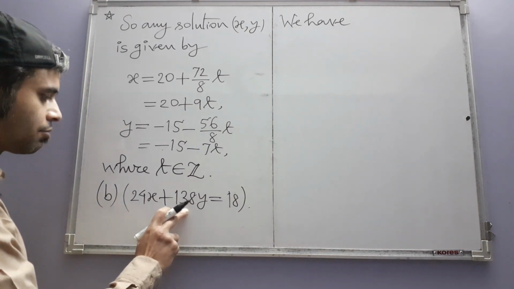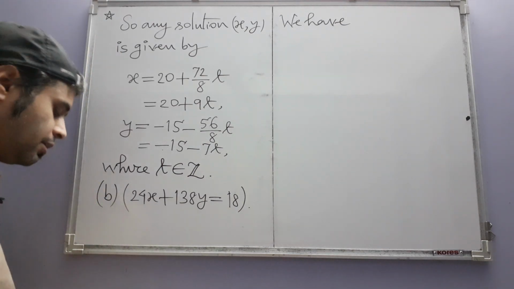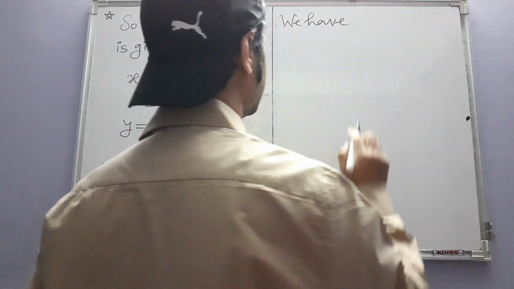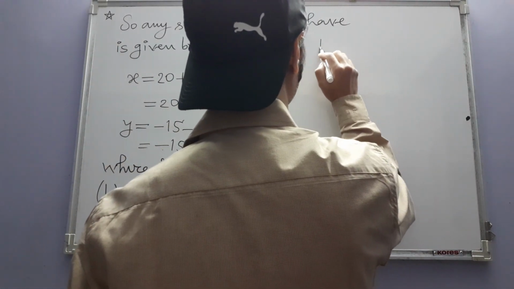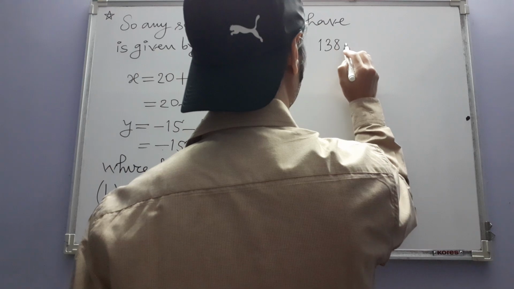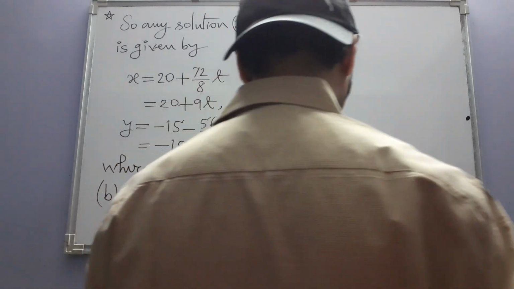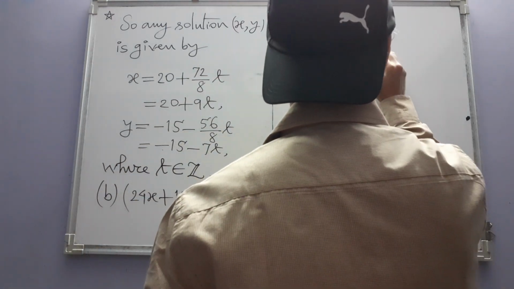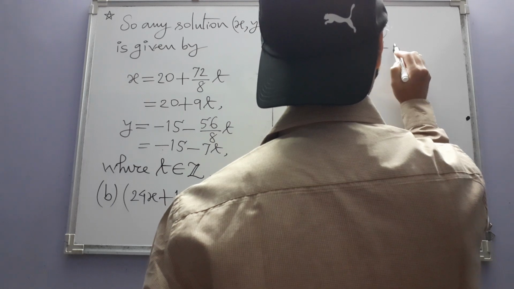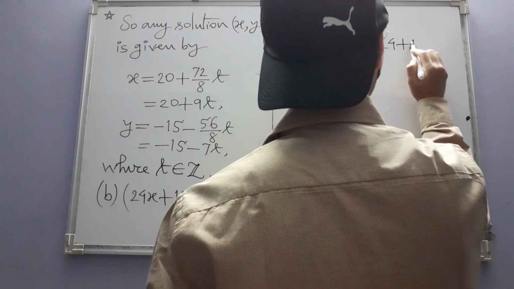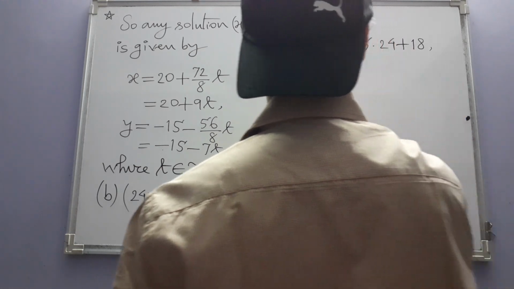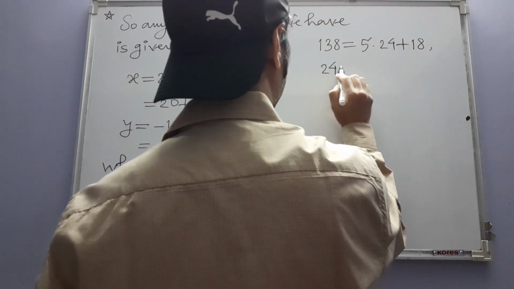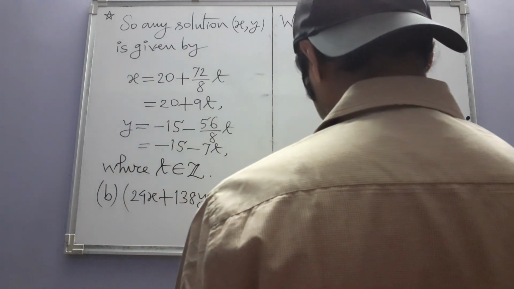So we are first of all going to divide 138 by 24. Doing that, we get this: 138 equals 5 times 24 plus 18. Next, we divide 24 by 18.